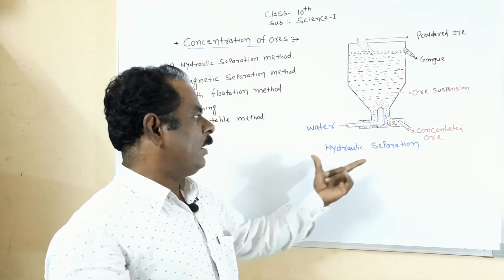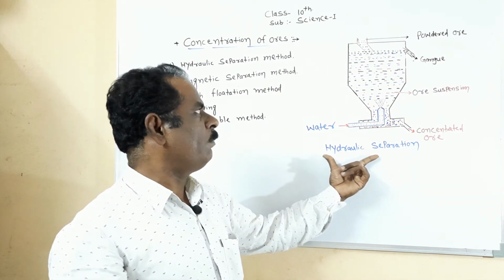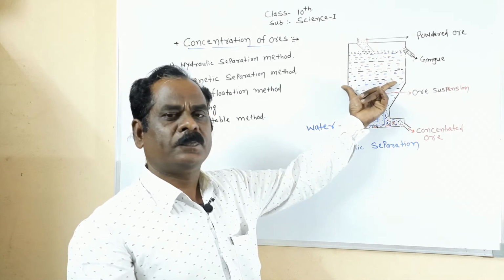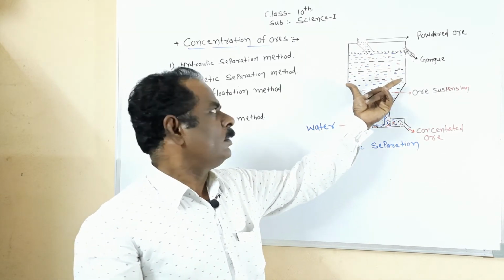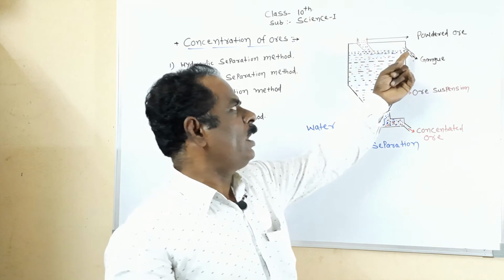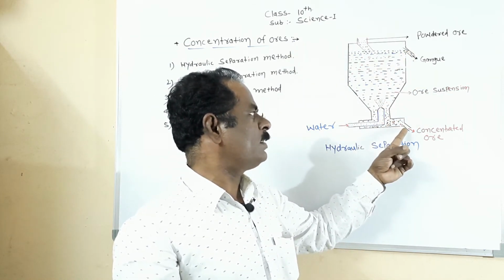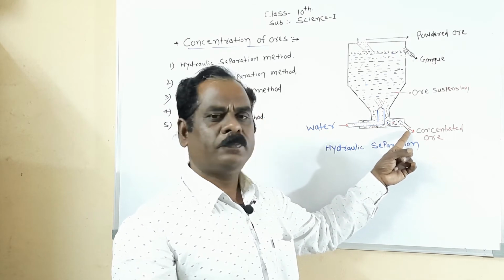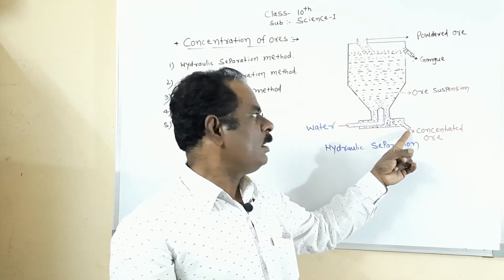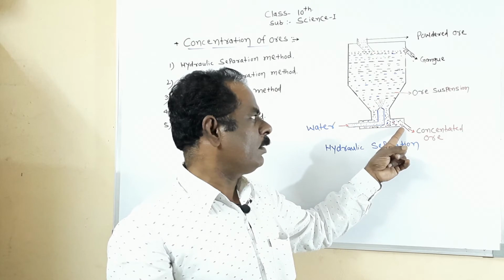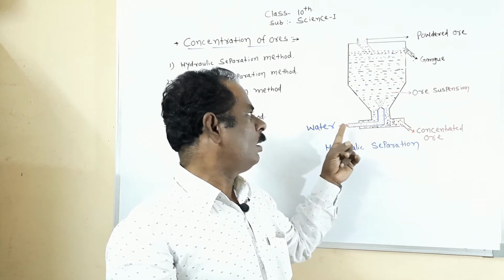The hydraulic separation apparatus consists mainly of one tank. This tank has one outlet at the top position and another outlet at the extreme bottom, and slightly above it there is one inlet.